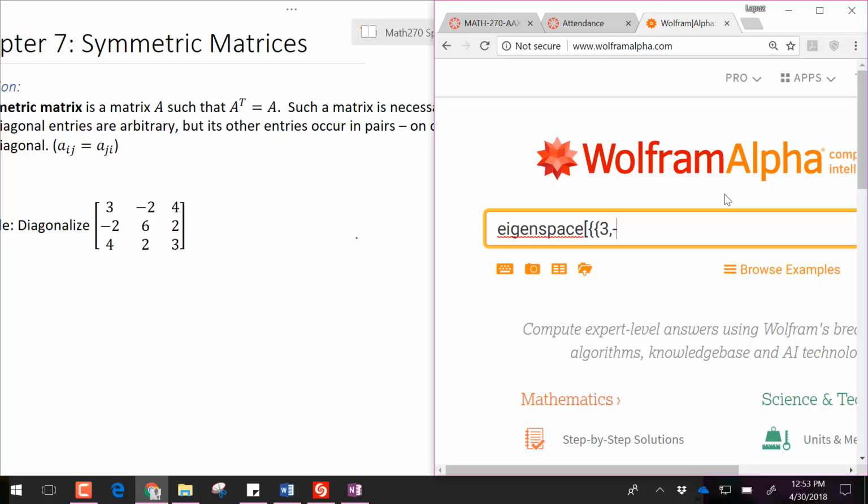So 3, minus 2, 4, and then each row is like a list, and a list in Mathematica is obtained by writing curly braces.